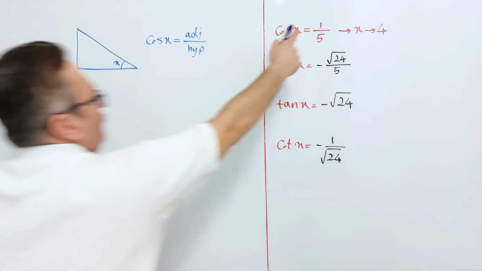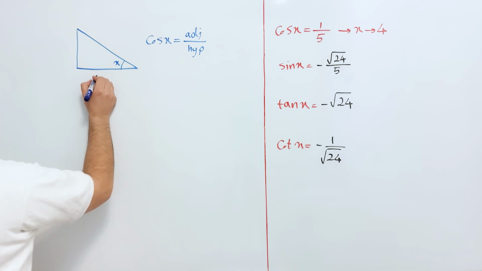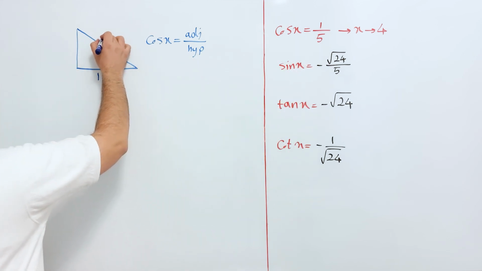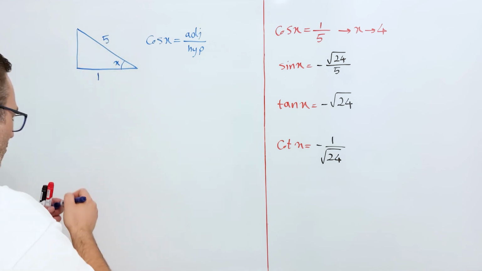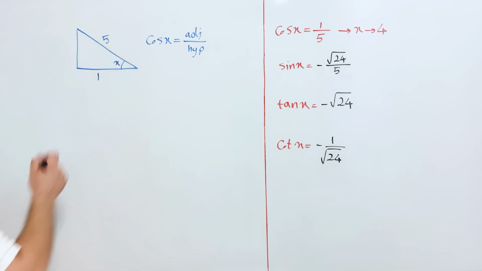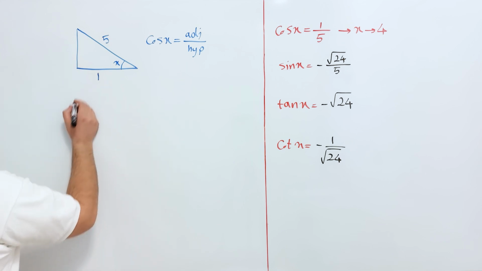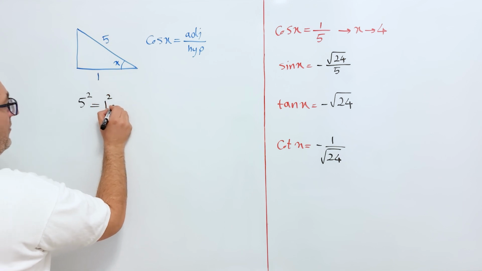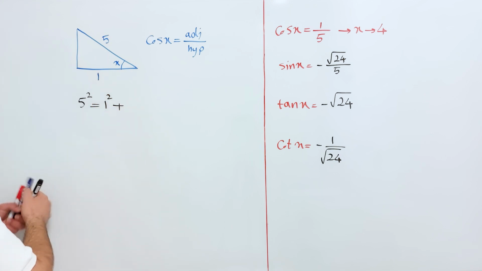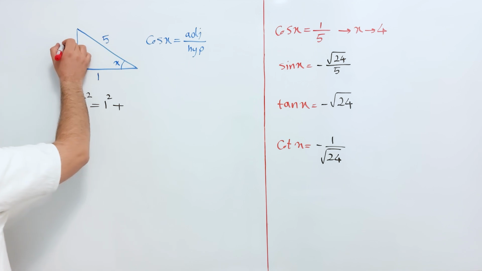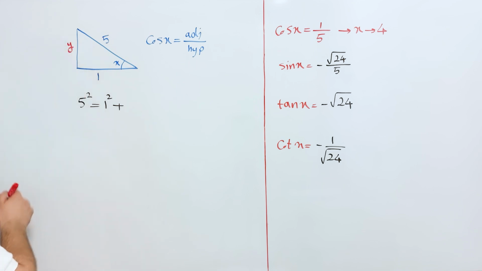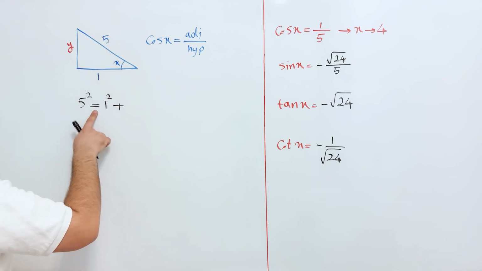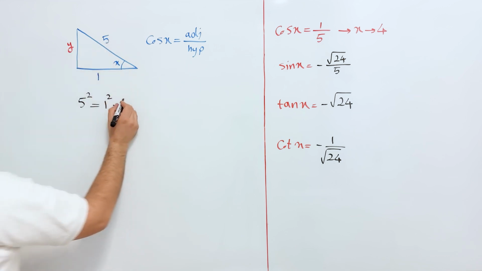Okay, so 1 is equal to the adjacent side and 5 is equal to the hypotenuse. So according to the Pythagorean theorem, we have 5 squared is equal to 1 squared plus, if we call this side y, so 5 squared is equal to 1 squared plus y squared.